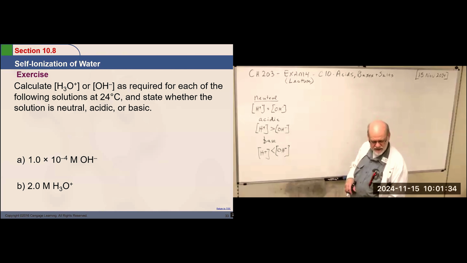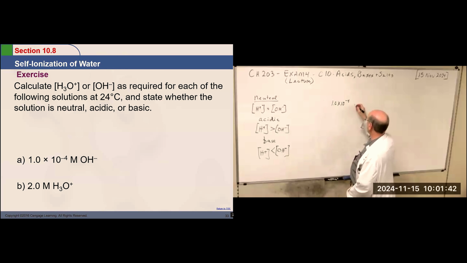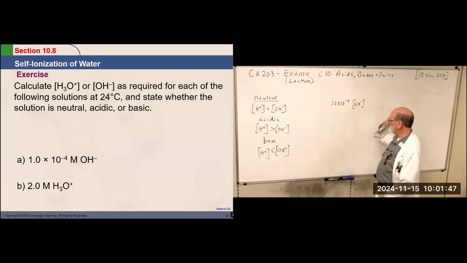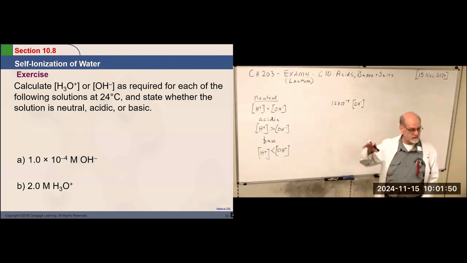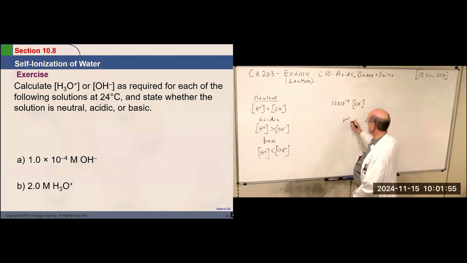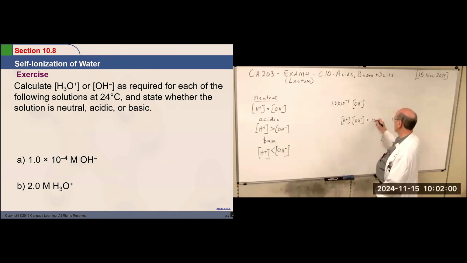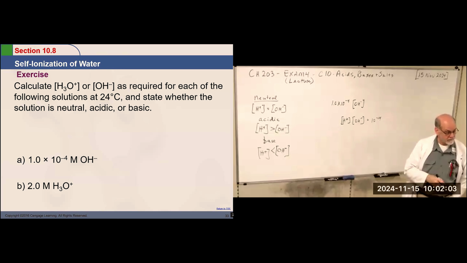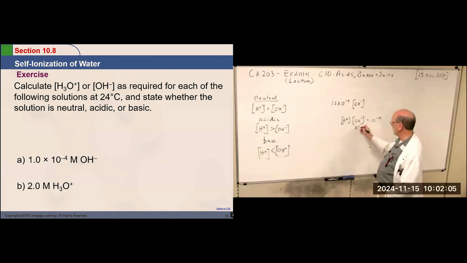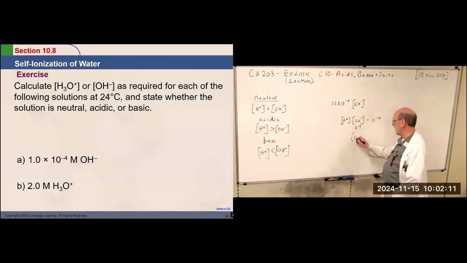If the solution is 1 times 10 to the minus 4 hydroxyl, then what would the concentration of hydrogen ions be? We know that this times this equals 10 to the minus 14, correct? So this would be 10 to the minus 4, and that would be unknown.